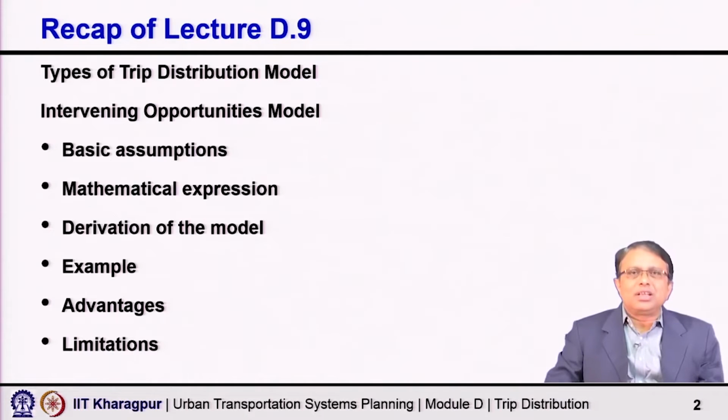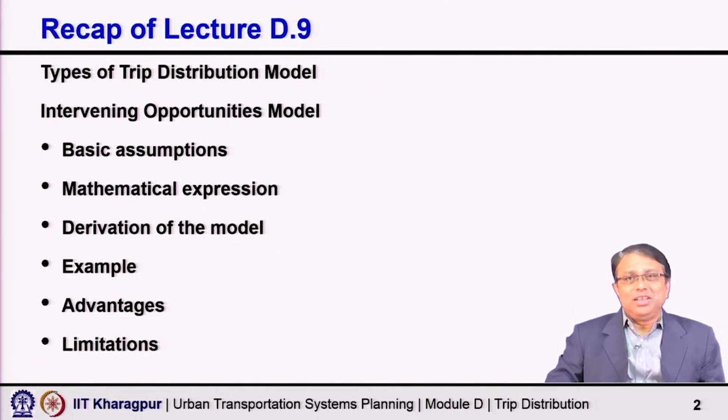In the last lecture, we discussed intervening opportunity models. We explained clearly the basic assumptions and the mathematical formulation, and of course not the complete derivation, but some part of it, and then took an example to show how it can be applied.